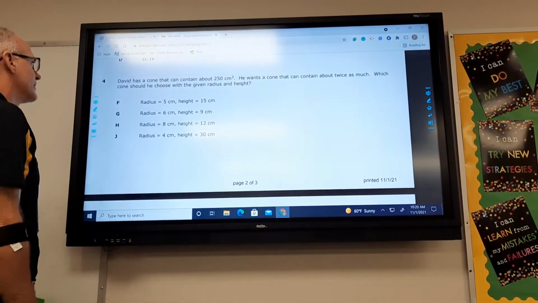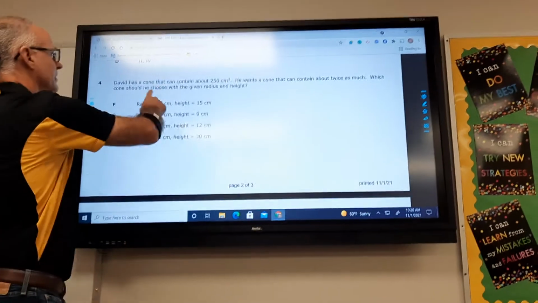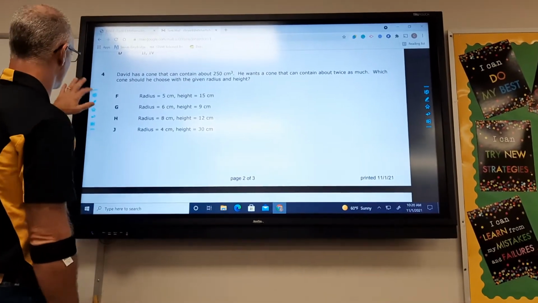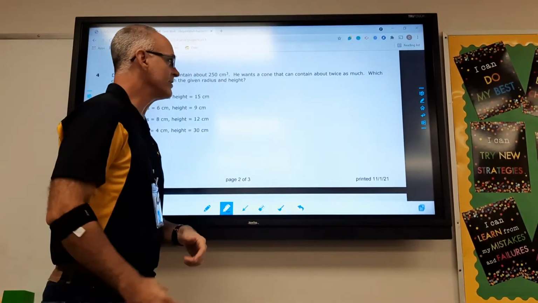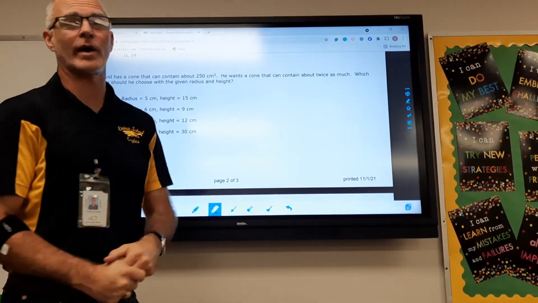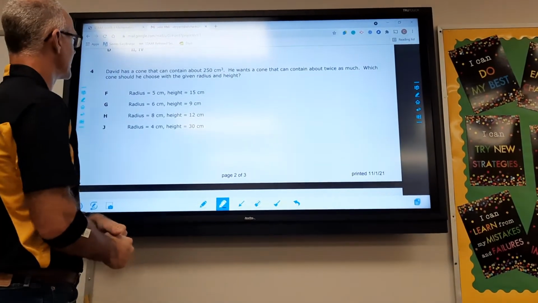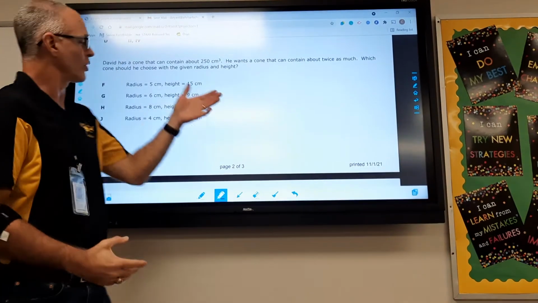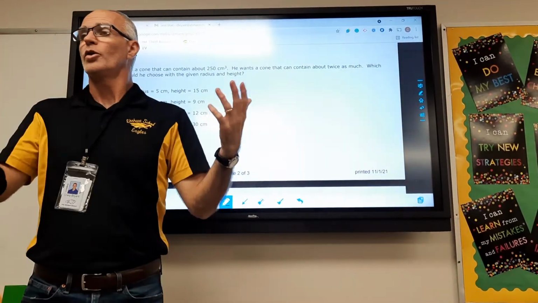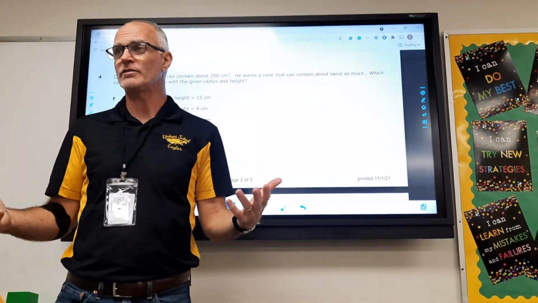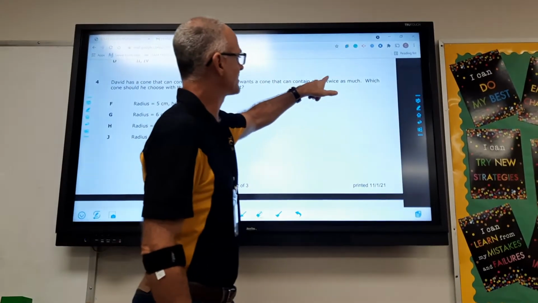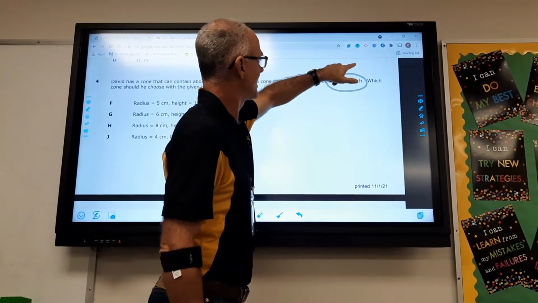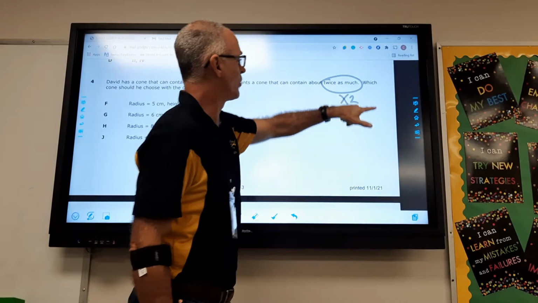David has a cone that can contain about 250 cubic centimeters. He wants a cone that can contain about twice as much. Which cone should he choose with the given radius and height? What's the key word or key phrase? Twice. Twice as much, which means times 2.